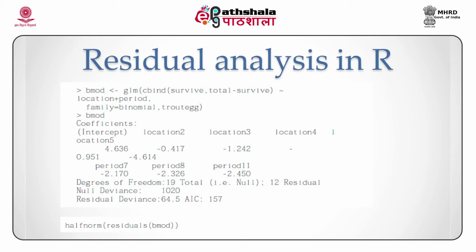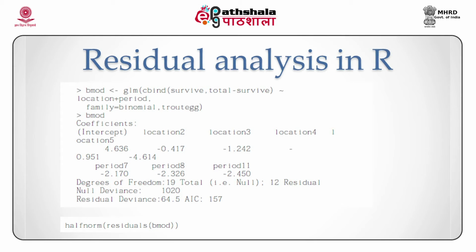To look at the residuals, I use the residuals function. So residuals of bmod will call the residuals, in this case by default the deviance residuals, and I can do a half normal plot of this to illustrate their use. On this slide we see 2 plots. The plot on the left panel is the half normal plot of the residuals.